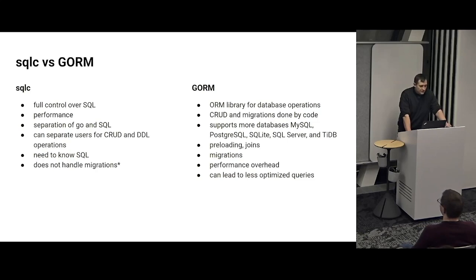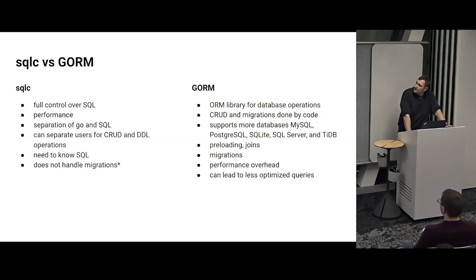There is separation of Go and SQL. So basically, all your SQL queries should lie in the configuration of SQLc, and you shouldn't call raw SQL statements anywhere in the code. Why? Because it will be messy. And you can easily separate users for CRUD and DDL, since SQLc doesn't do any migrations, and you need to materialize the manipulation of the schema through something else.